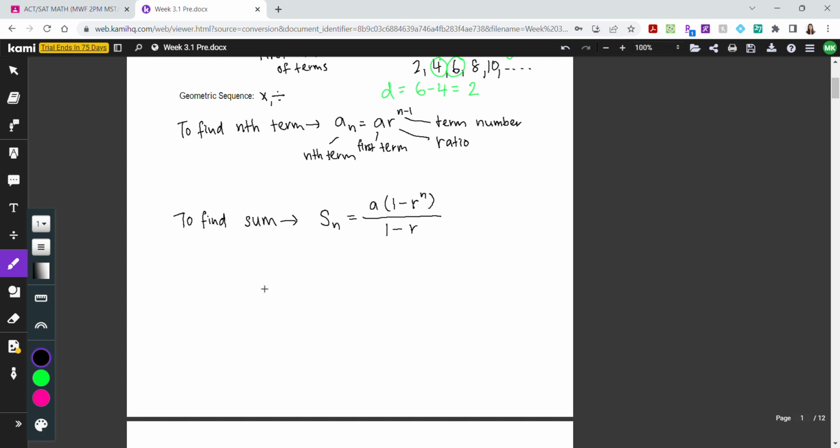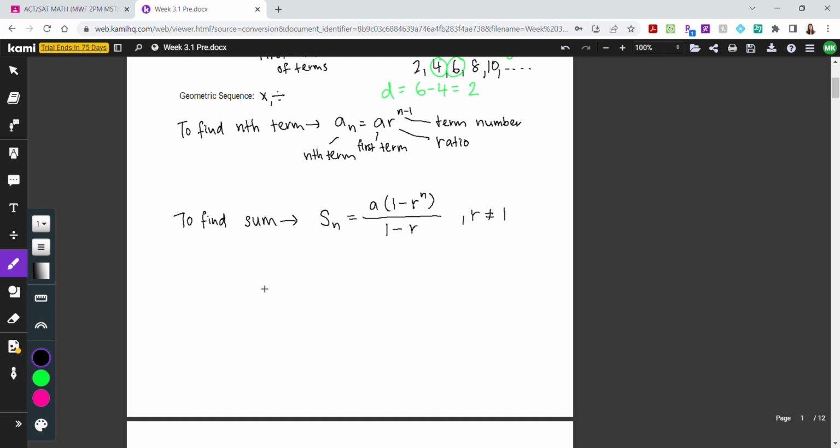And the big thing here is that r cannot equal 1, because if you plug in 1 here, you'll be dividing by 0, which is mathematically impossible. All right. And again, here, a would be your first term, S_n would be the sum of the first n number of terms in your sequence, and r is your ratio. Same thing, n is also your term number, or the number of terms that you're adding in the sequence.